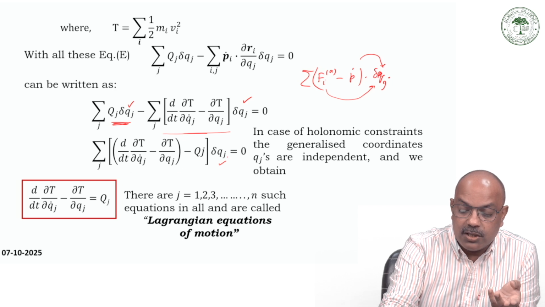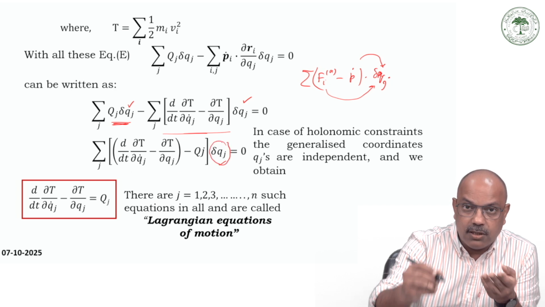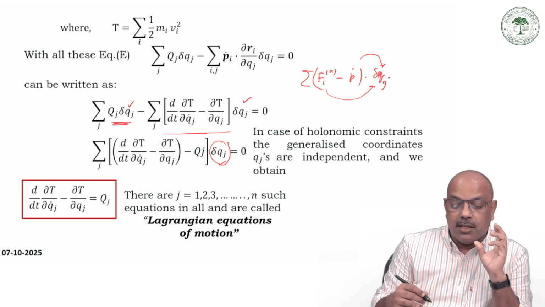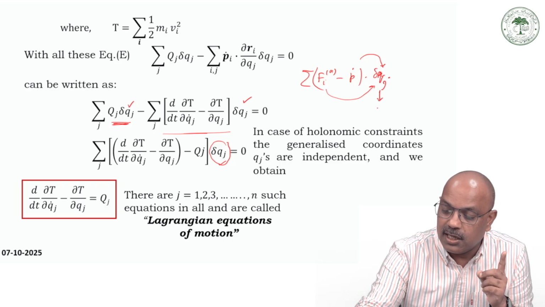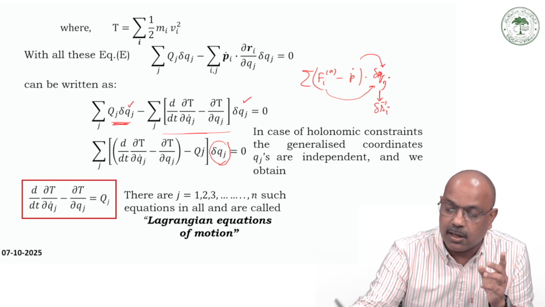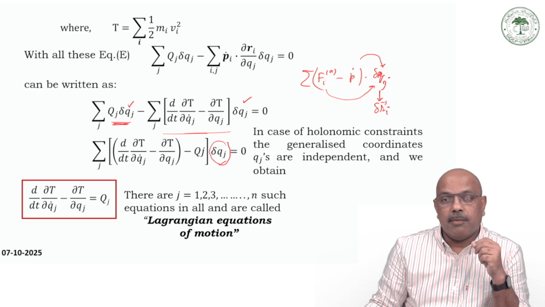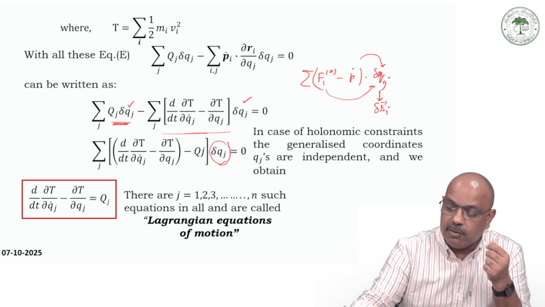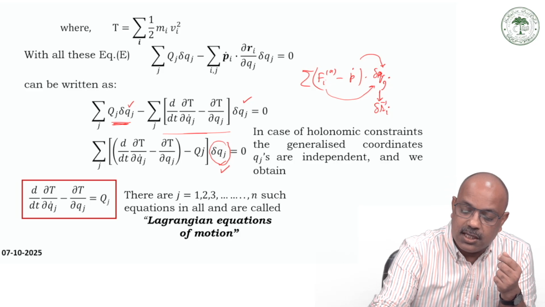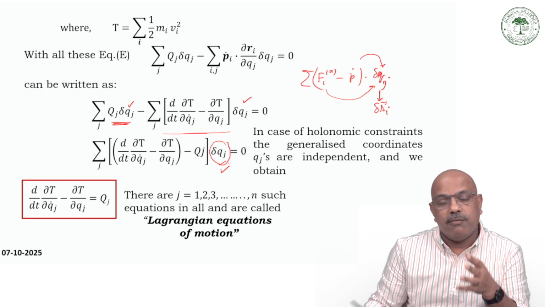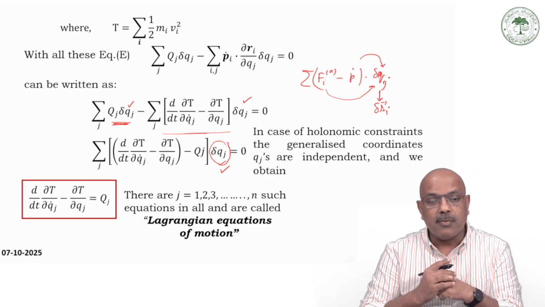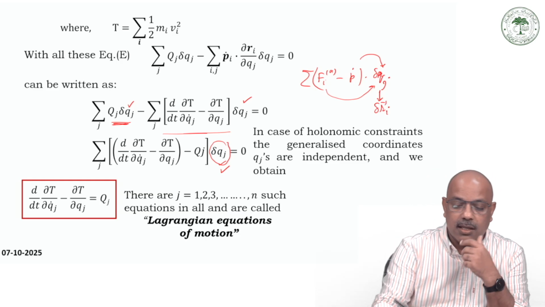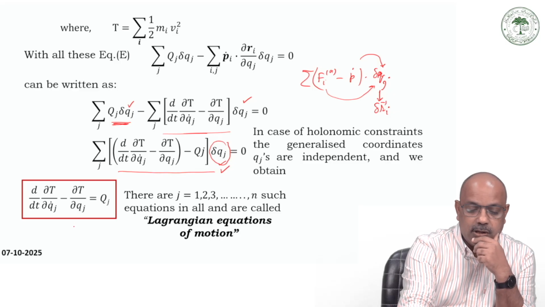And if you remember, we started with delta Ri, which was not an independent coordinate, it was a dependent coordinate. We moved to delta Qj, which is now my generalized coordinate, an independent quantity. So now I can write this coefficient equal to 0.